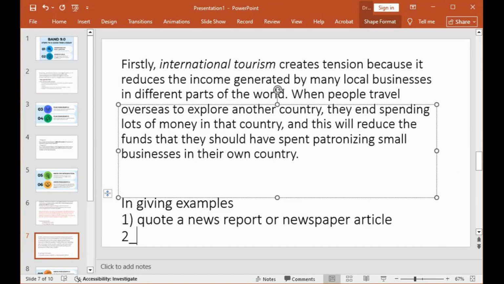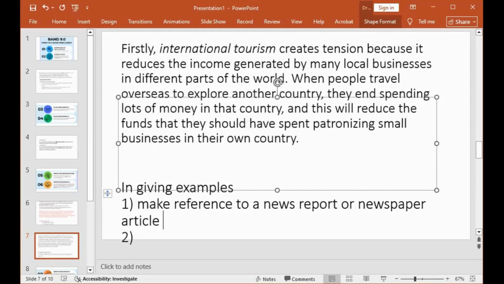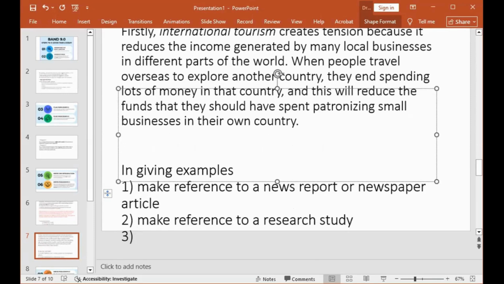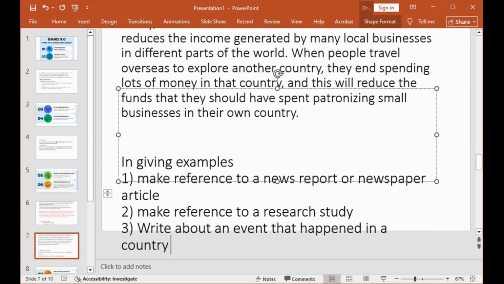Number 2, quote a research, or let me not use the word quote, make reference to a news report or a newspaper article, make reference to a research study. And number 3 is to write about an event that happened in a country or a city.